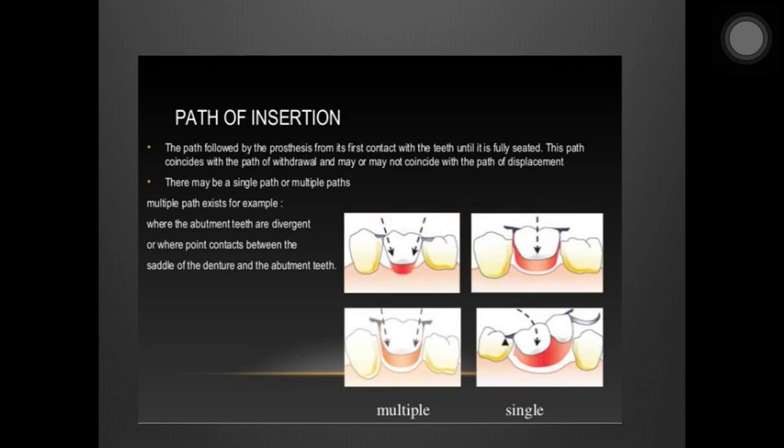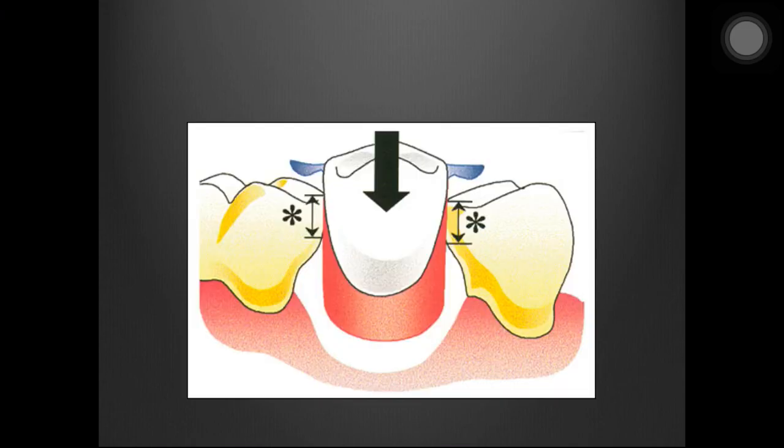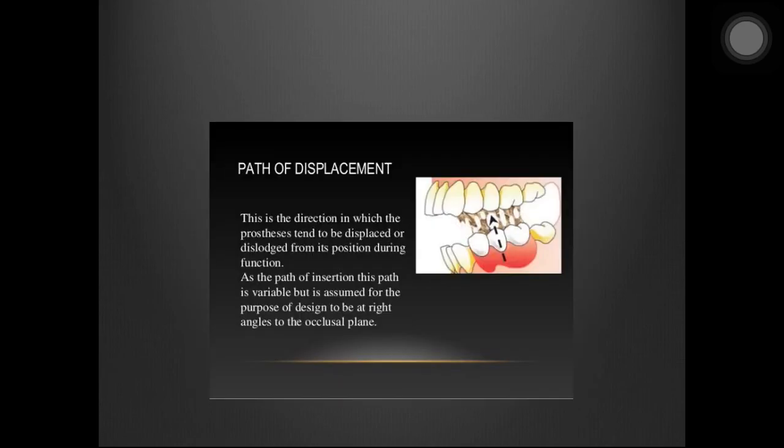Multiple paths exist, for example, where the abutments are divergent, or when there are point contacts between the saddle of the denture and the abutment teeth. Here we see that in order to seat this denture, we feel some type of resistance over these abutment teeth.